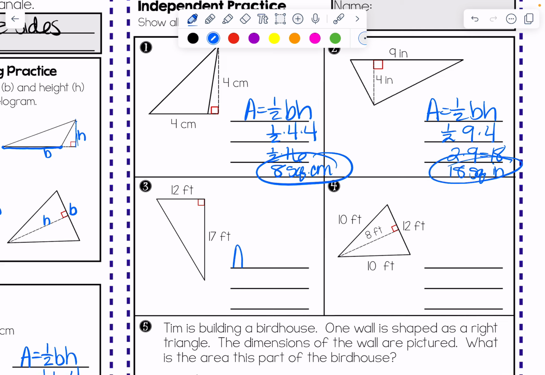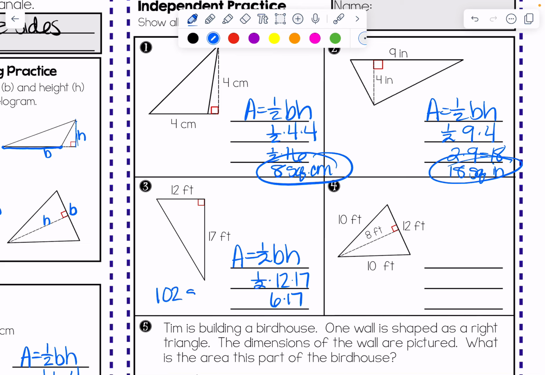Number 3, start with your formula, 1/2 base times height. My base and my height are perpendicular to each other, so it's going to be the 12 and the 17. So 1/2 times 12 times 17. Half of 12 is 6, and 6 times 17 would be 102.